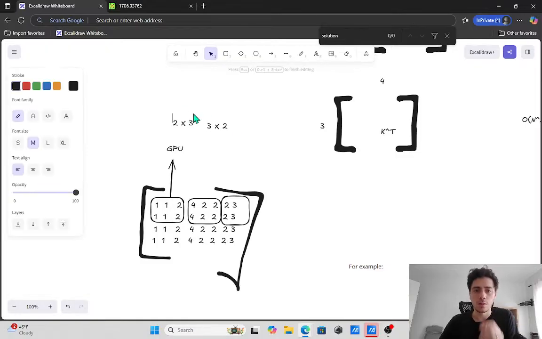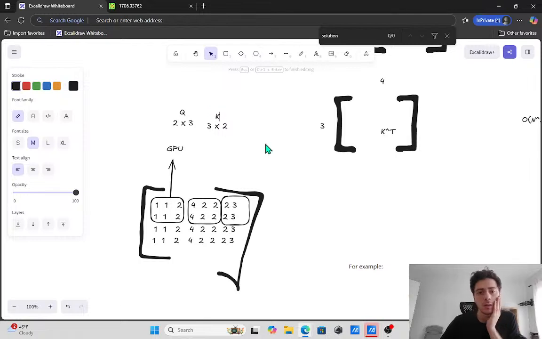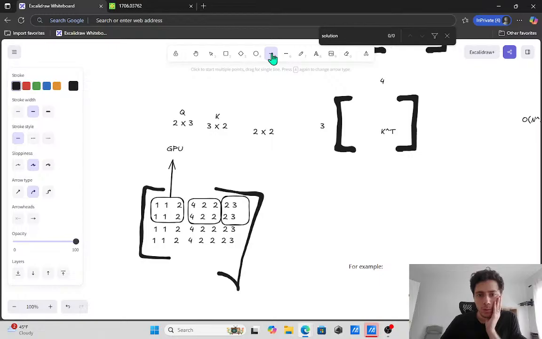This is Q, this is K. So you do this, and you get a 2 by 2 matrix at the end.